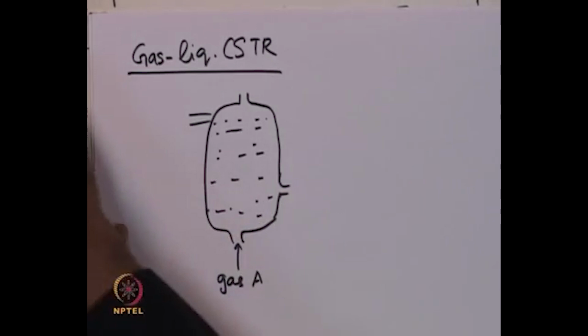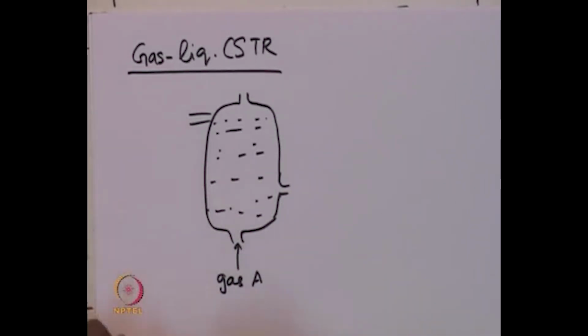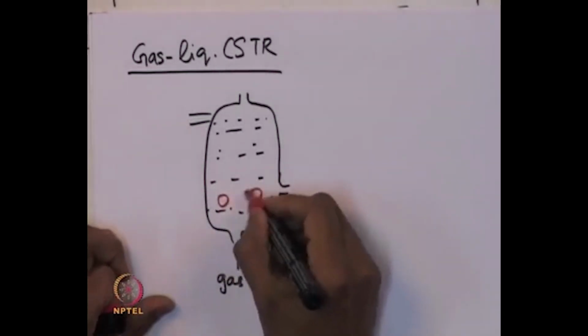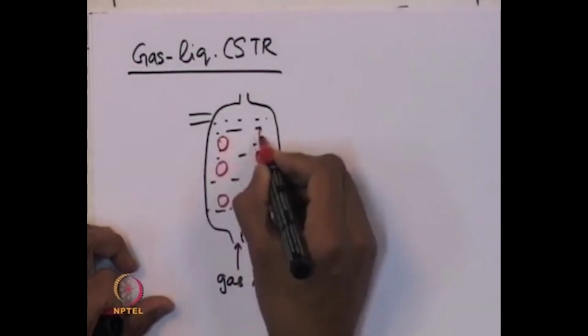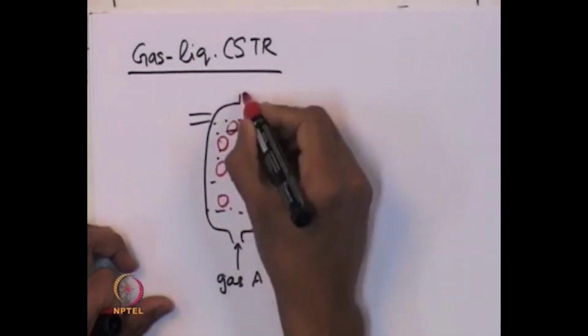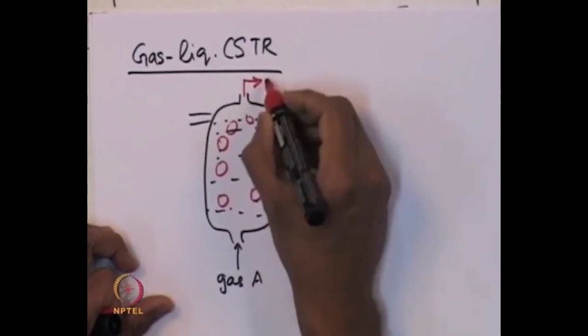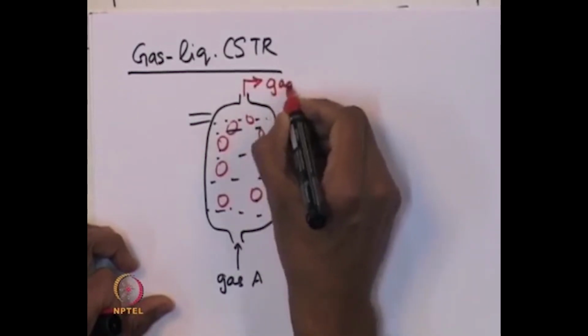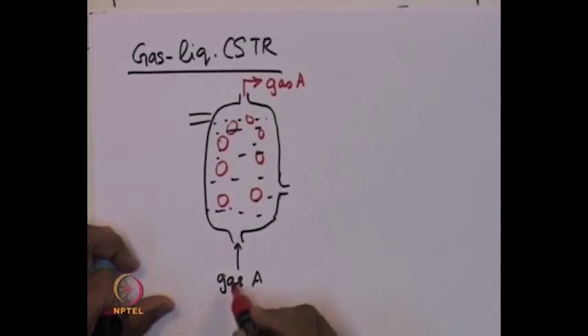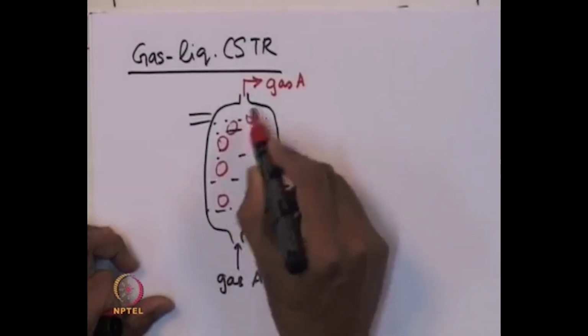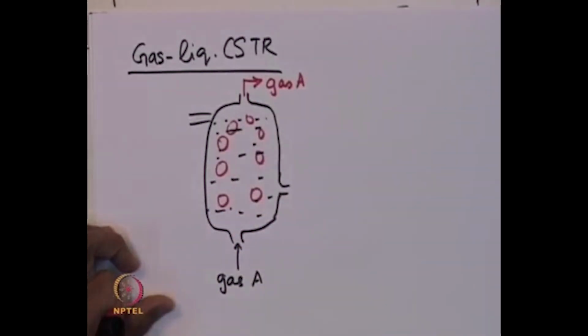The tank is filled with liquid and gas A is bubbled through this liquid. Gas A enters from the bottom, is bubbled inside, and then leaves from the top of the reactor.